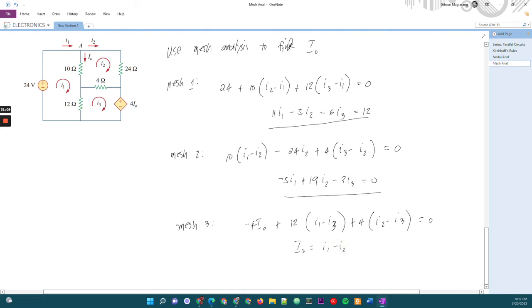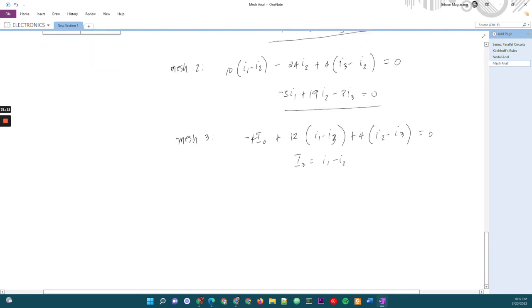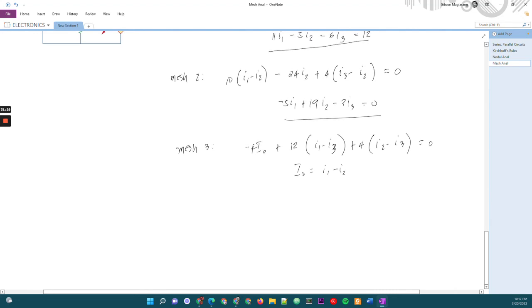That's KCL. So we can simplify this equation into just this one. Negative I1 minus I2 plus 2 I3 equals 0. Okay, so we have three equations now.